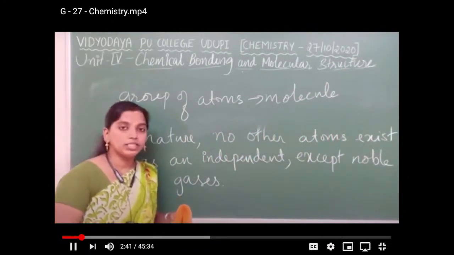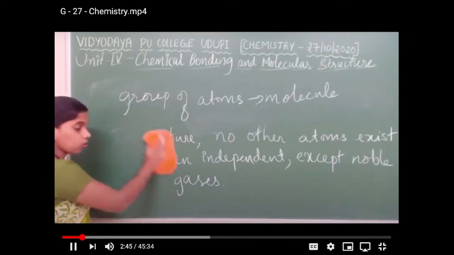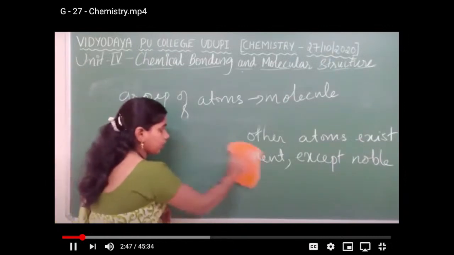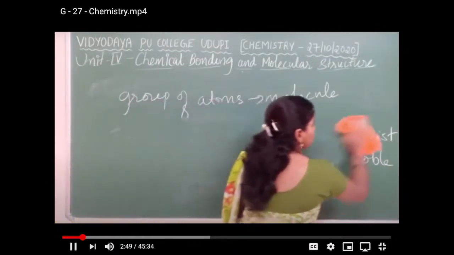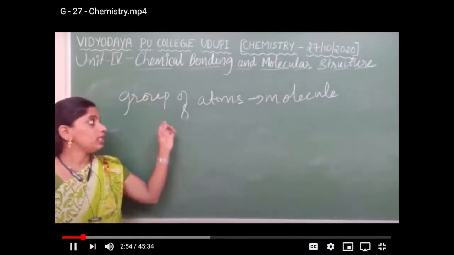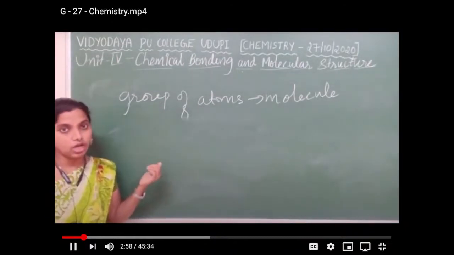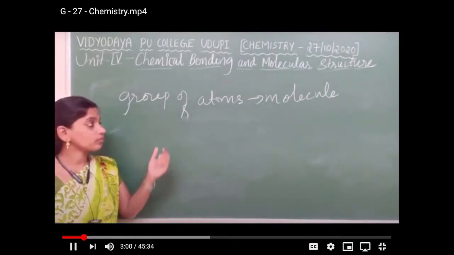Hydrogen molecule, oxygen molecule, water molecule, or sodium chloride, an ionic compound. So the atoms exist in a group, and this group of atoms has characteristic properties.